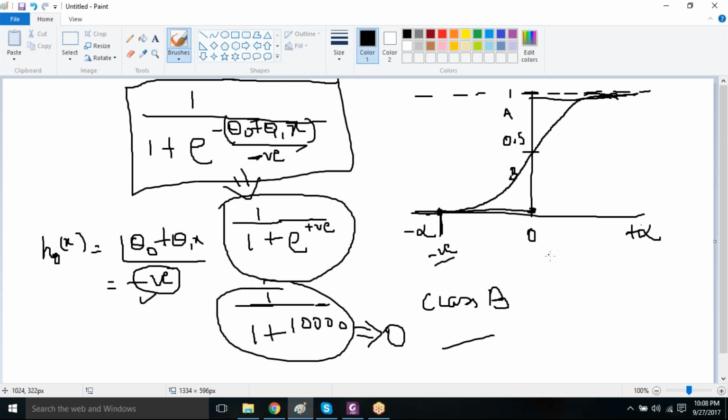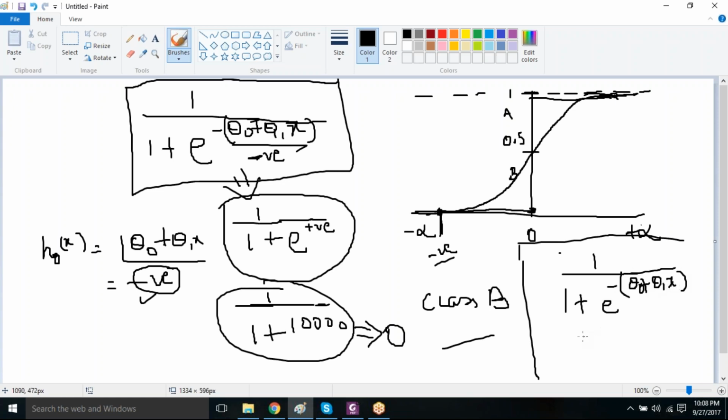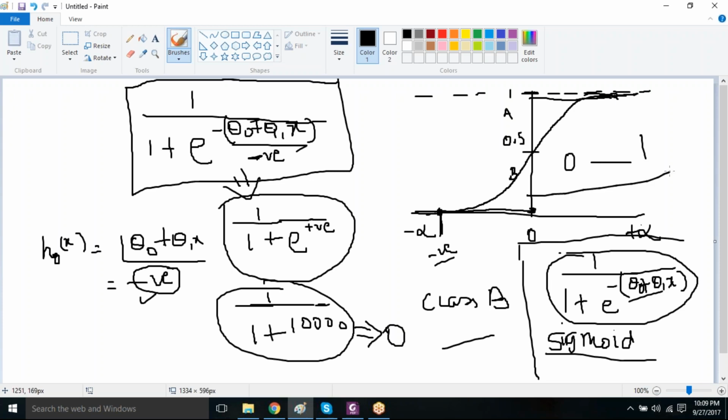This function, which is also known as the sigmoid function, is a very popular and very famous function. This particular function can map your linear regression value between 0 and 1.